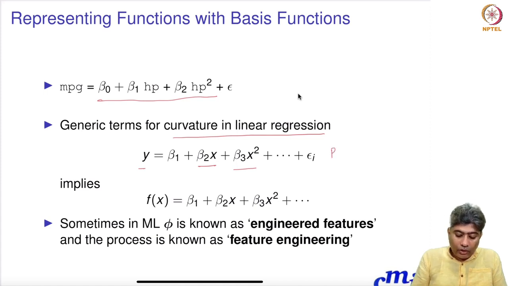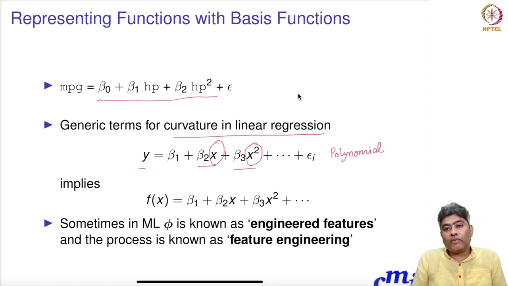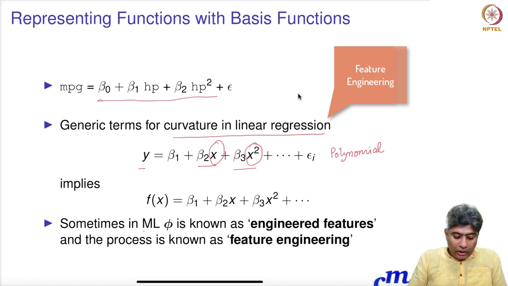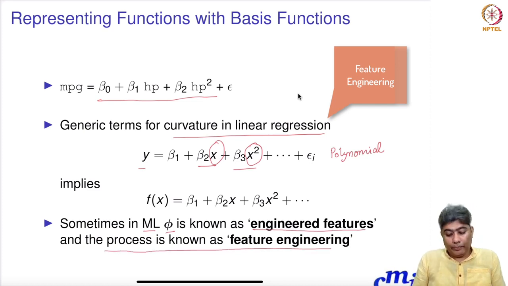So this is a polynomial, right? You can fit a polynomial, and these x square, x cube are the basis of the polynomial. In machine learning, this phi or the basis is known as the engineered feature, and the process is known as feature engineering.